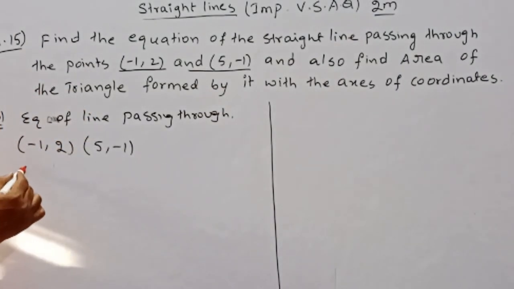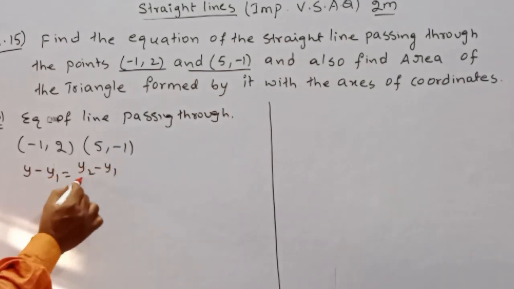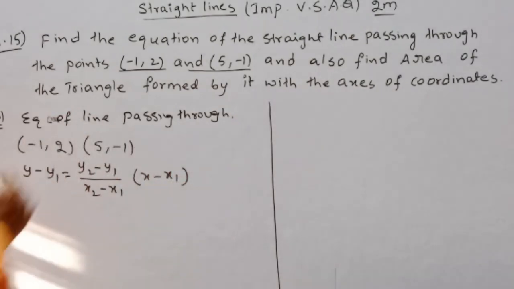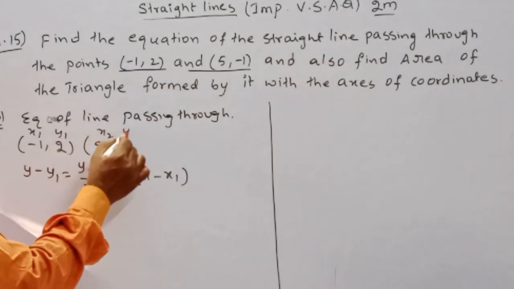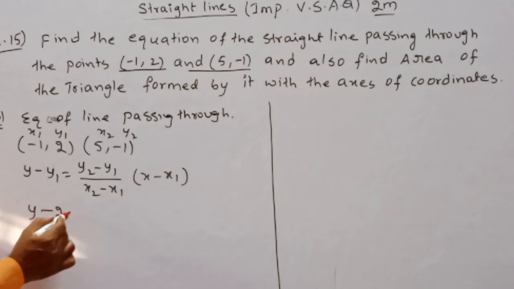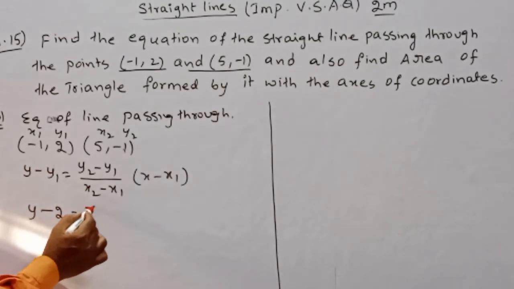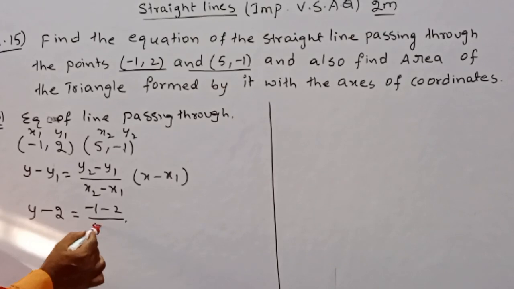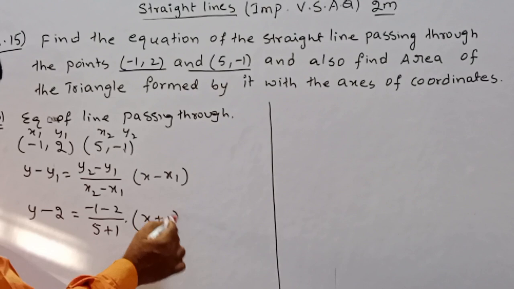The equation of the line is y minus y1 is equal to y2 minus y1 by x2 minus x1 into x minus x1, where this is x1 y1 and x2 y2. Substituting: y minus 2 equal to minus 1 minus 2 by 5 minus of minus 1, that is 5 plus 1, into x minus x1, that is x plus 1.